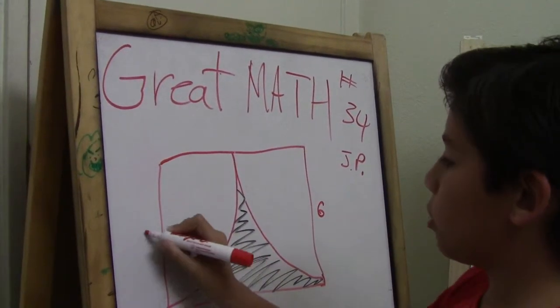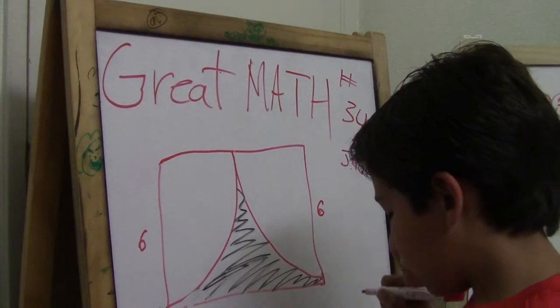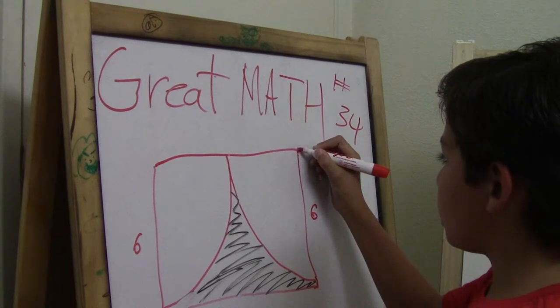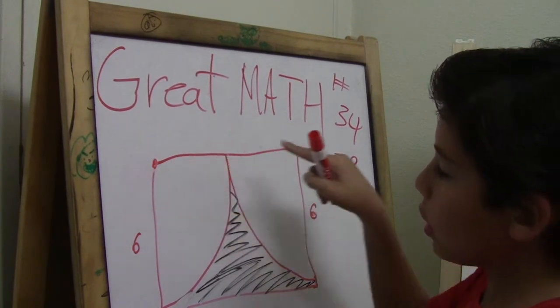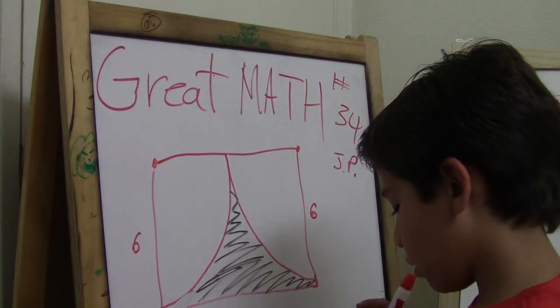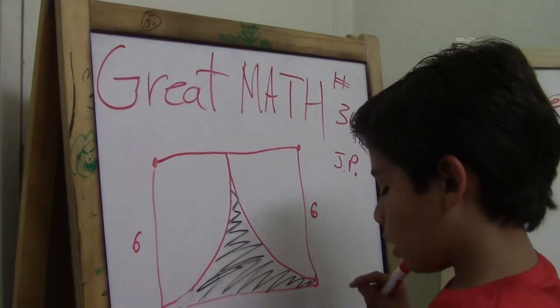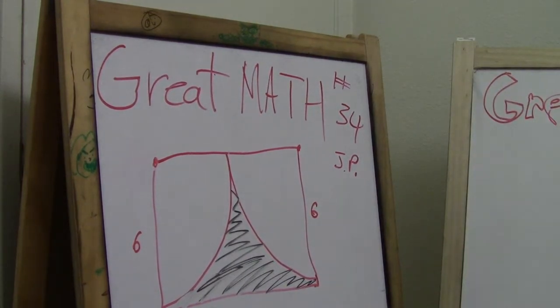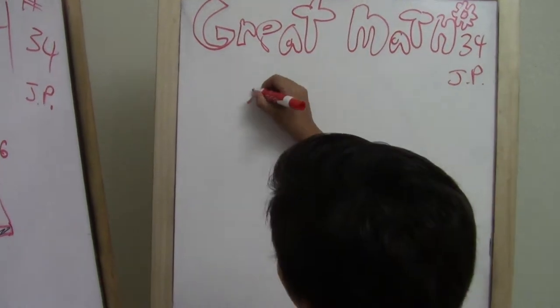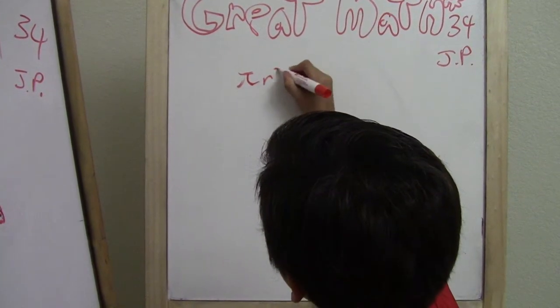Okay, since the radius is 6, these are the centers of the circles. To find the area of a circle, we have this formula: pi r squared.